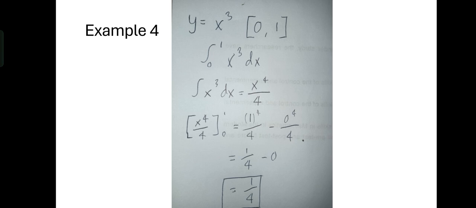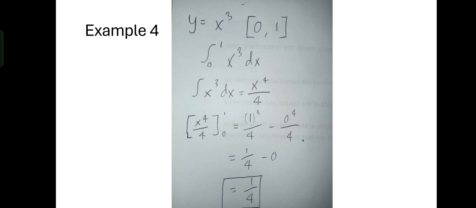The lower limit is equal to 0, and the upper limit is equal to 1. So we have here 1 raised to 4 over 4, because 1 is our upper limit, subtracted by 0 raised to 4 over 4, because 0 is our lower limit.